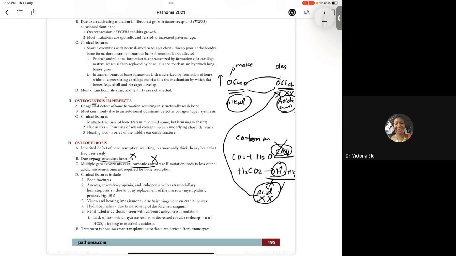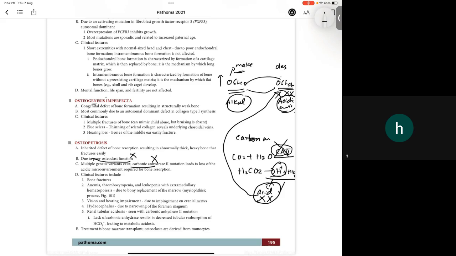Osteoblasts basically lay down bone, but they would lay down bone in a really quick manner, because we are directly activating a lot of osteoblastic activity. So quick bone formation is going to lead to a bone which would be thick, but it would not have the strong integrity of a real bone, right? It can fracture easily, just like chalk. So it would lead to osteopetrosis. Am I right?